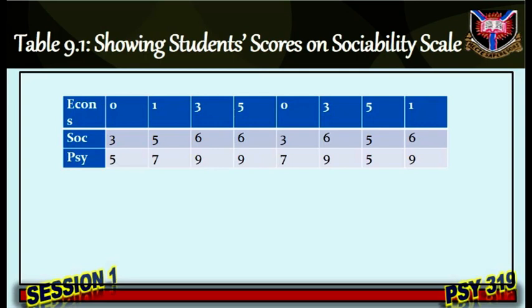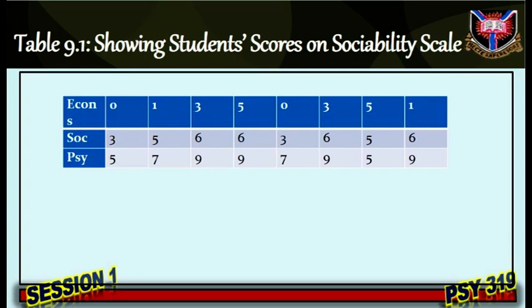A researcher wants to investigate the relative sociability scores of different majors, economics, sociology, and psychology, in a university. The following scores were obtained on the sociability scale of 8 items from the students based on their major.